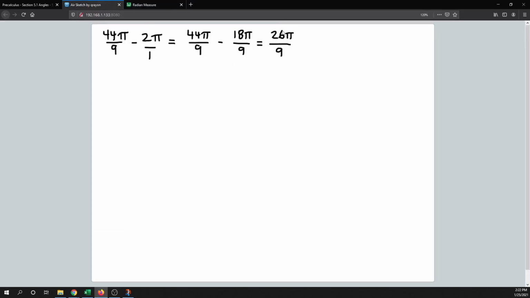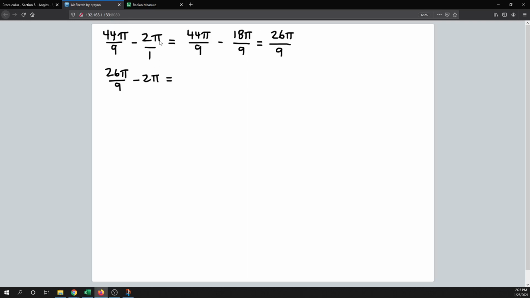So we're going to have to do this again. To do it again, we subtract off 2 pi from 26 pi over 9. There's no need to go through these calculations again.